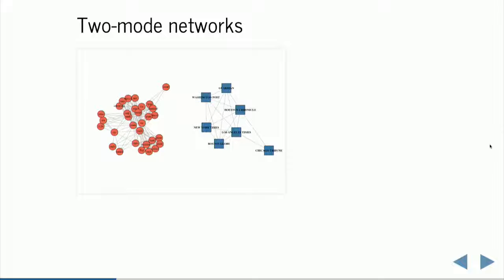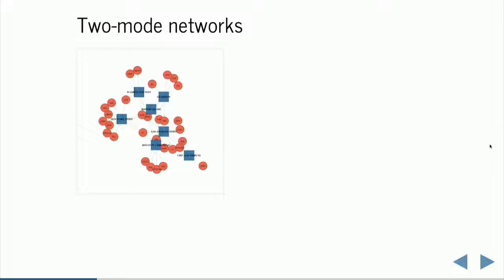Okay? So the key intuition here is that, let's say these were not newspapers, but people. And a very classic example is people and their affiliation with groups that comes out of sociology and Ron Breiger's work. So specifically the notion that if I know a person and I know which groups they belong to, let's say Facebook groups, for example, right?